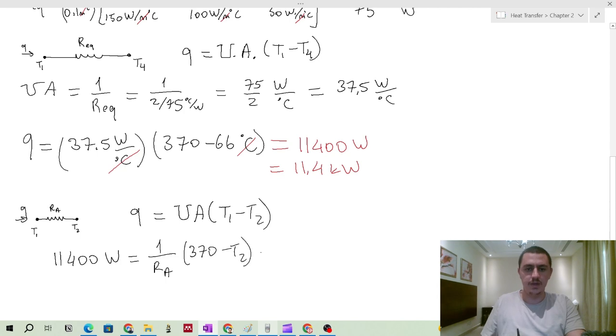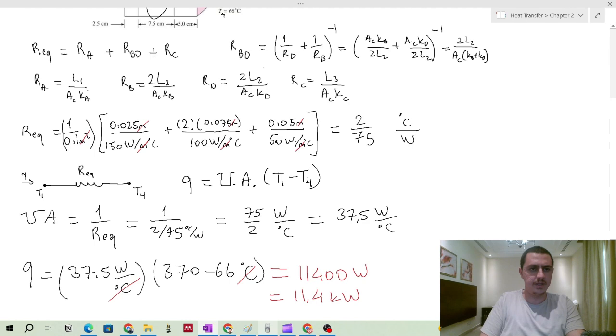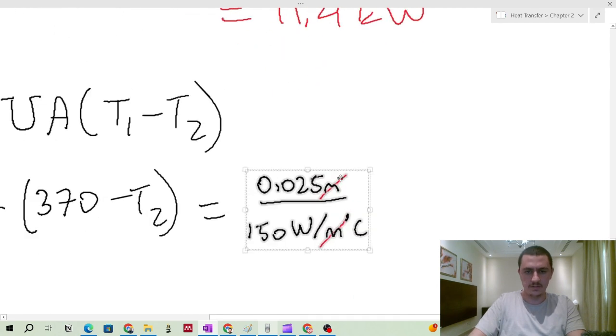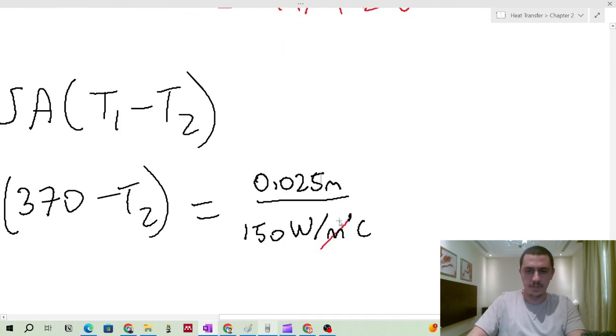That equals U times A, which is 1 over RA, multiplied by T1, which is 370, minus T2. You can also plug in the RA value, 1 over RA. Where is RA? L1 over ACKA. Okay, this guy here. I think this is the RA. Okay, so we will flip that to get 1 over RA.